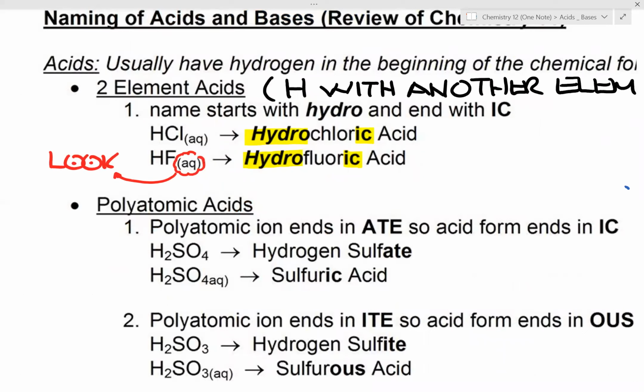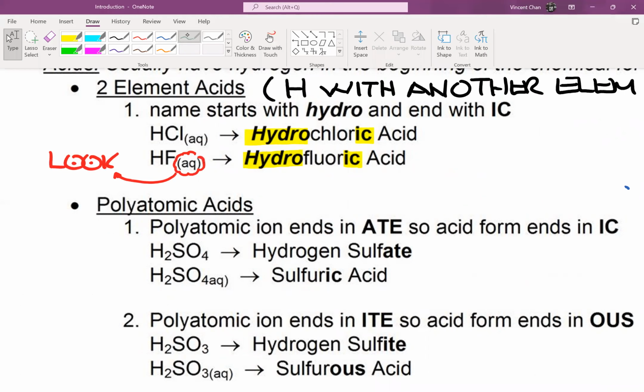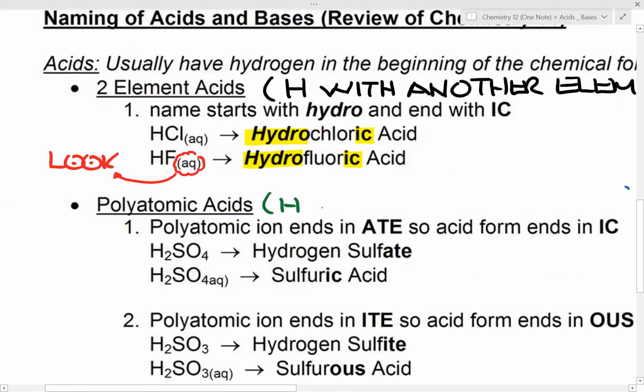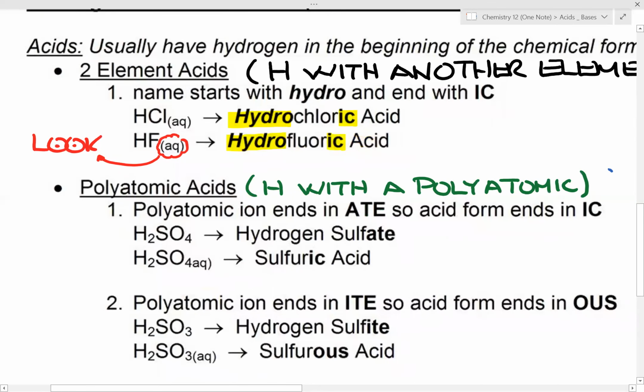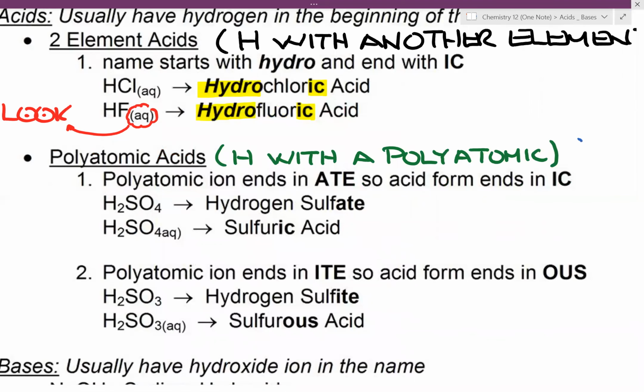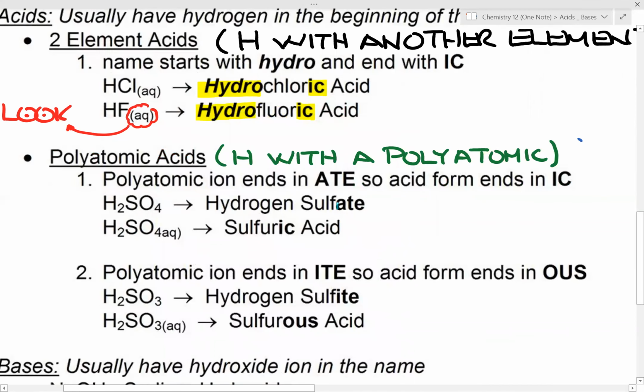Now for polyatomics, that is hydrogen with a polyatomic, and that's what we call a polyatomic acid. Depending on the ending of the polyatomic, if it's an ATE ending, in acid form because of the AQ, it's just ic.